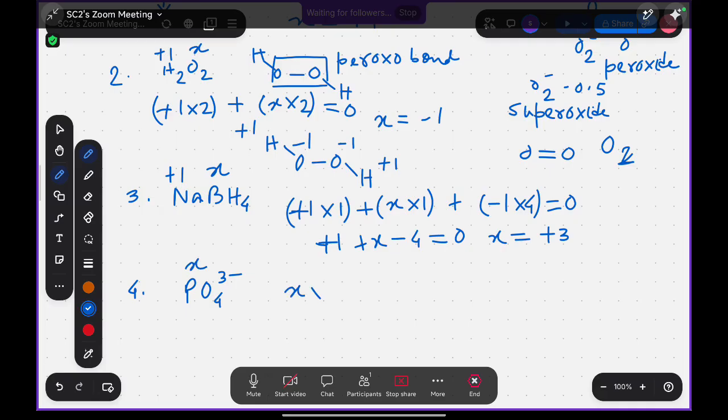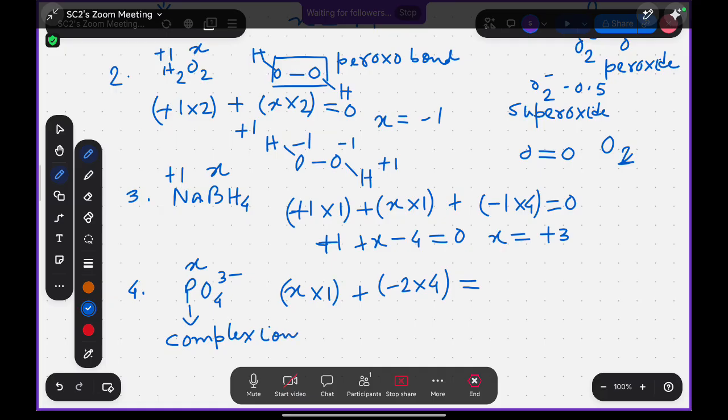So X into 1, because only one phosphorus atom is there, plus oxygen will be -2 into 4, because there are 4 oxygen atoms, each oxygen atom bearing -2 charge. Now we can see that phosphate is a complex ion. What is the meaning of that?